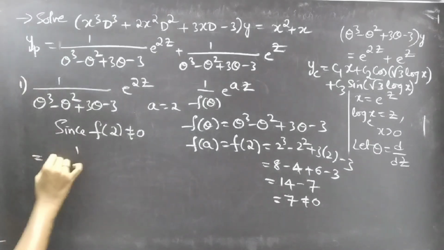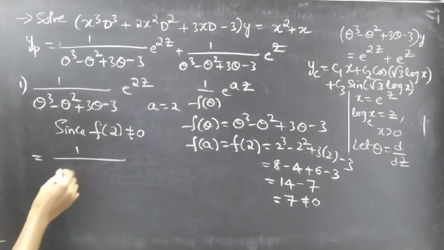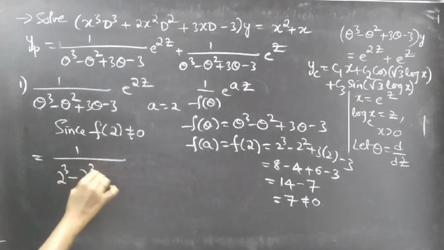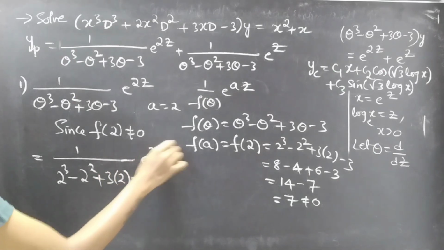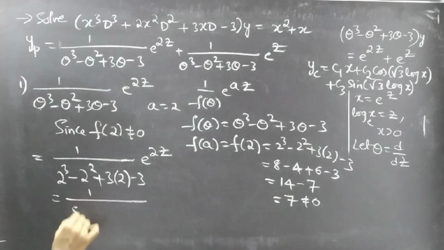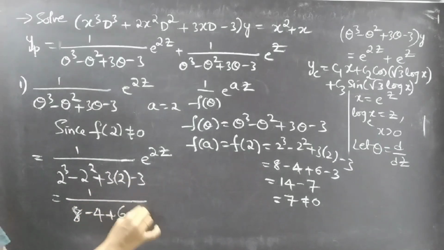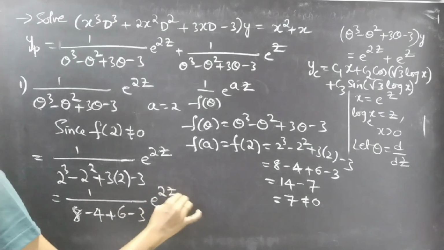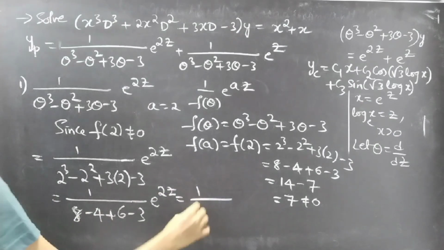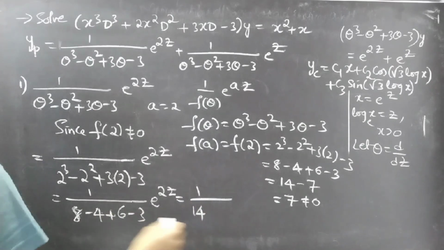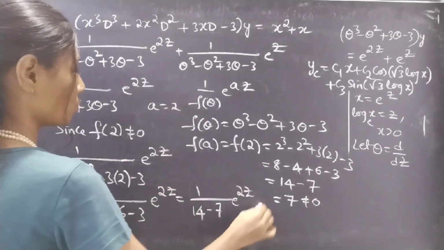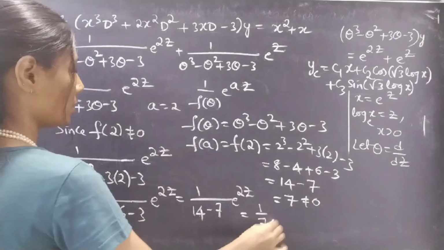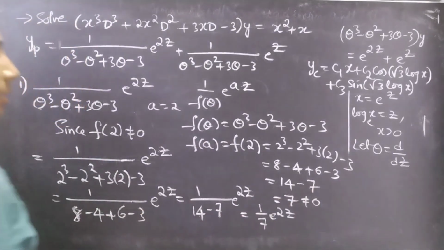This becomes 1 by, just replace theta by 2, we'll get 2 cube minus 2 square plus 3 into 2 minus 3 into e power 2z, which equals 1 by 8 minus 4 plus 6 minus 3 into e power 2z, which equals 1 by 8 plus 6 is 14, minus 4 minus 3 is minus 7 into e power 2z, which equals 1 by 14 minus 7 is 7 into e power 2z.